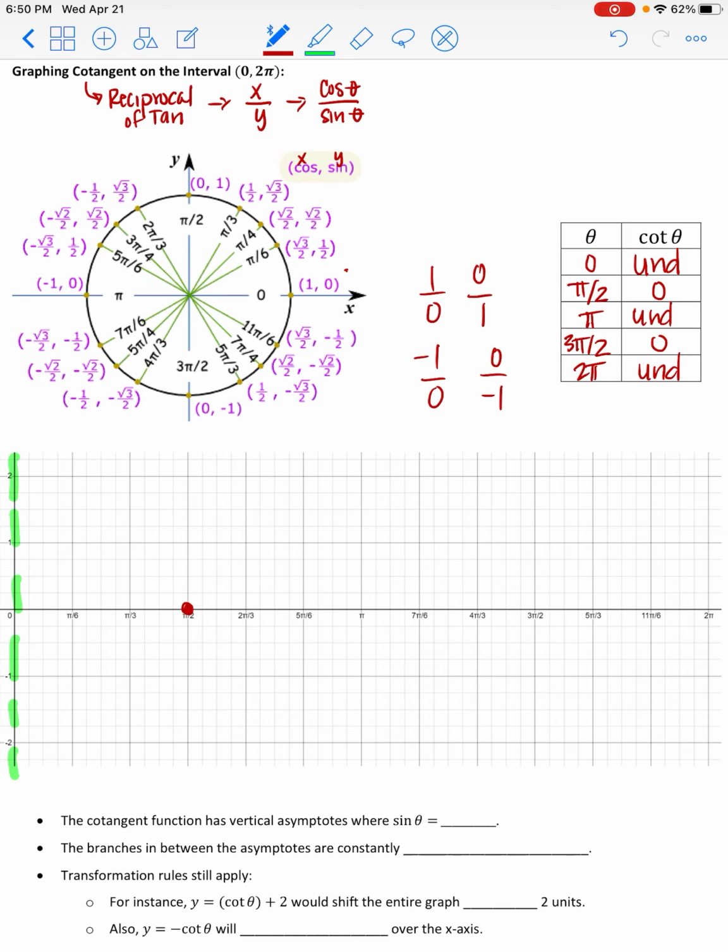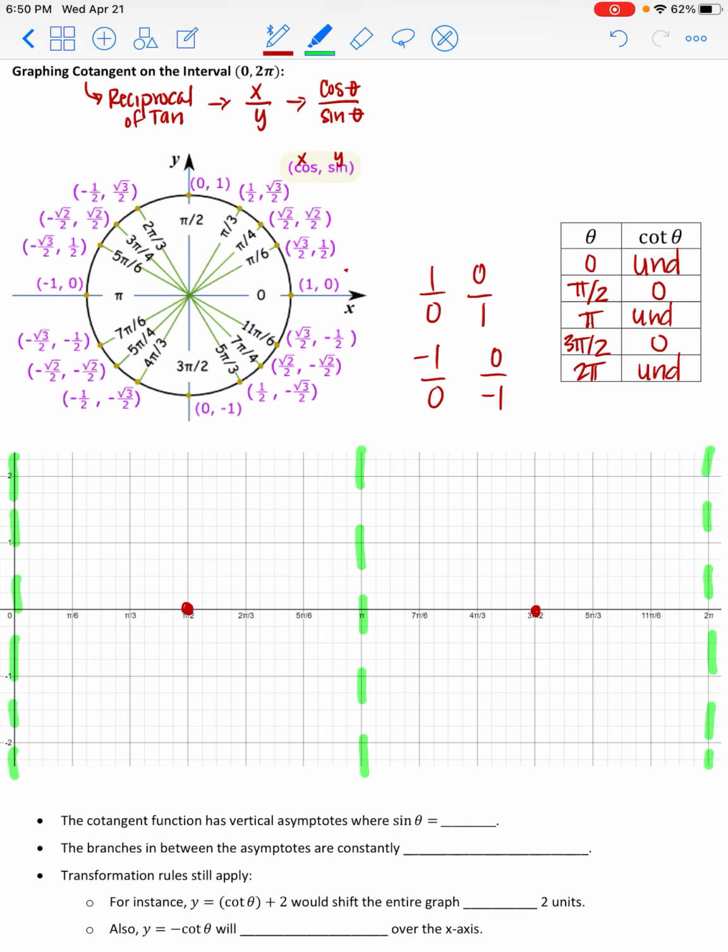At pi, undefined. At 3 pi over 2, we're at 0. And then again, full circle, 2 pi, undefined again.